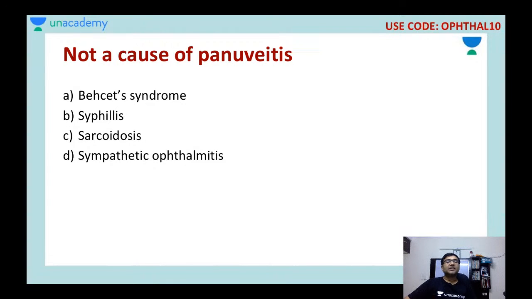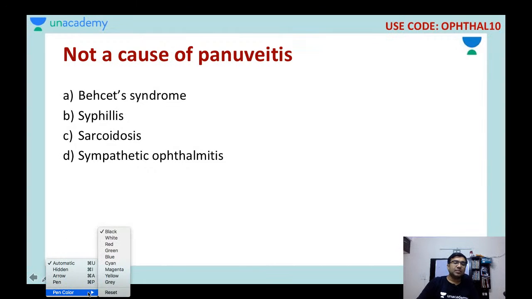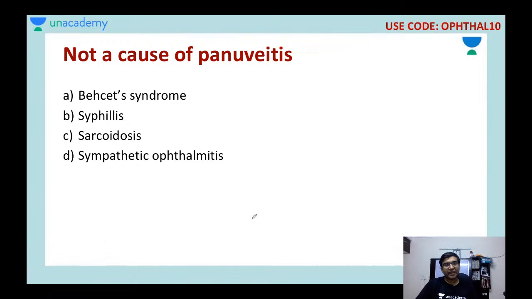Okay, this is called panuveitis, and remember, the most common cause of panuveitis is still tuberculosis. Behçet's disease, sarcoidosis, and sympathetic ophthalmitis, they all can cause inflammation of all the layers of the uvea. Syphilis usually does not cause a panuveitis, and this was a previous year question, so the answer here is B.